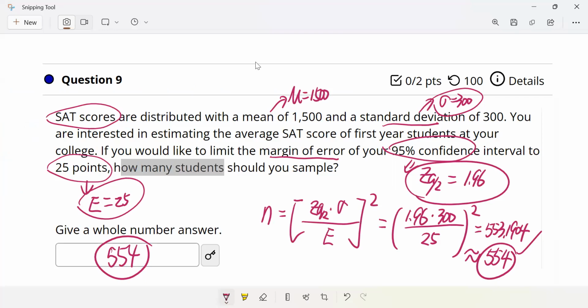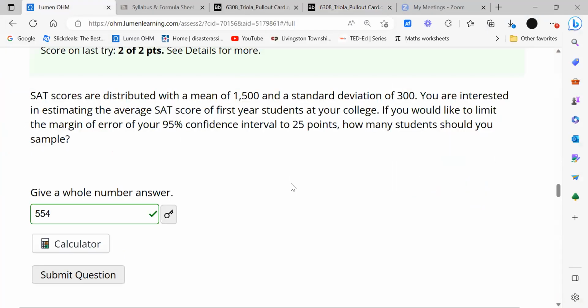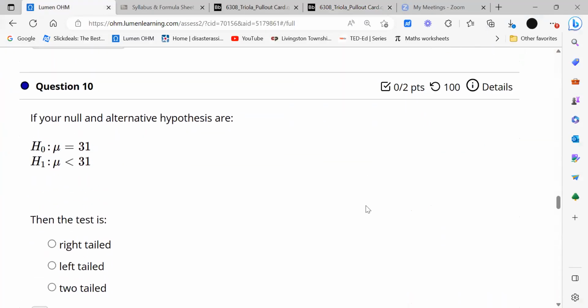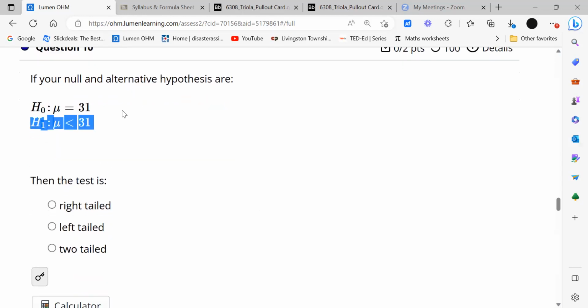All right, so now let's go back to the next question, which is fairly quick. We know the null hypothesis is population mean equals 31, and the alternate hypothesis is population mean less than 31. What type of test is this? The alternative hypothesis determines the type of test.